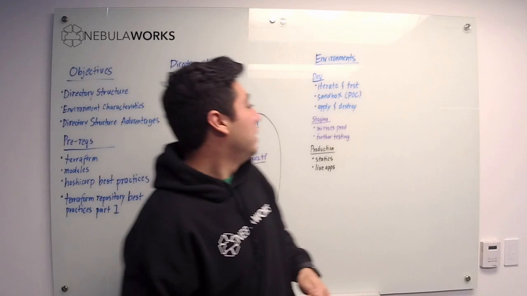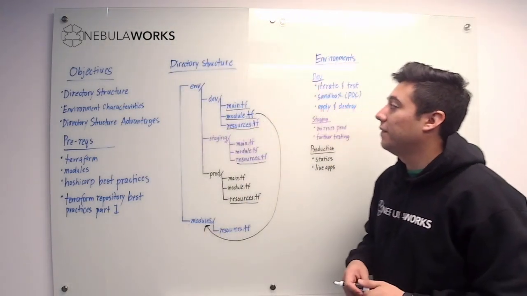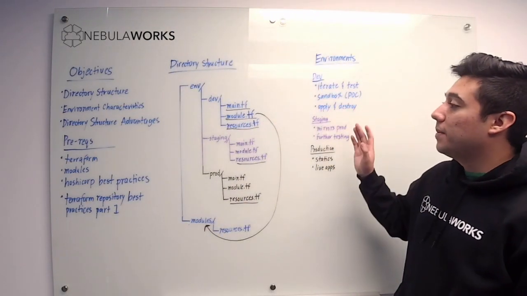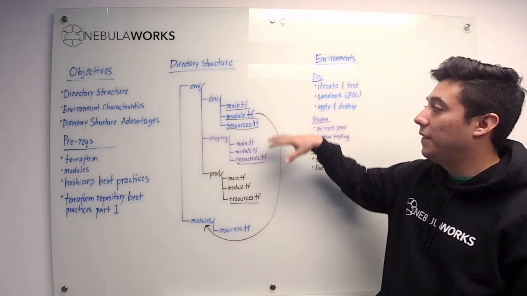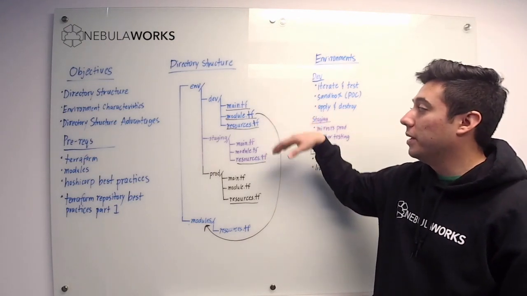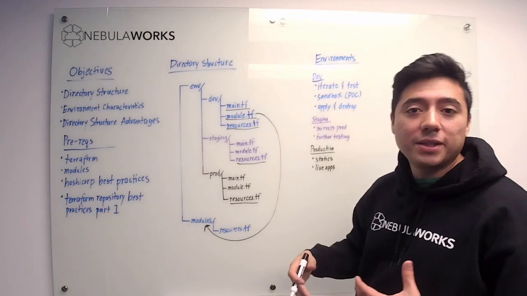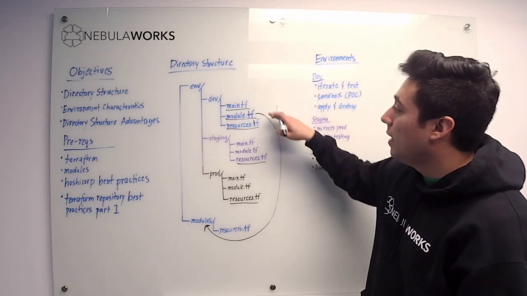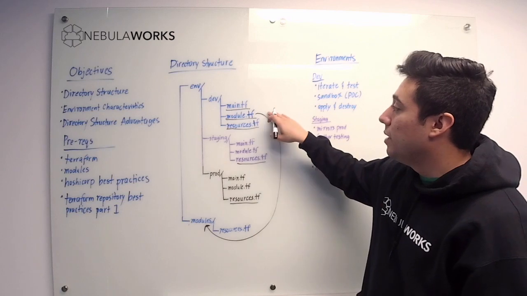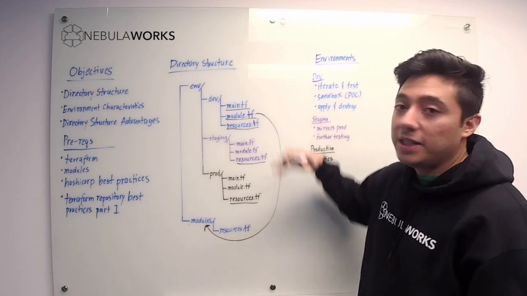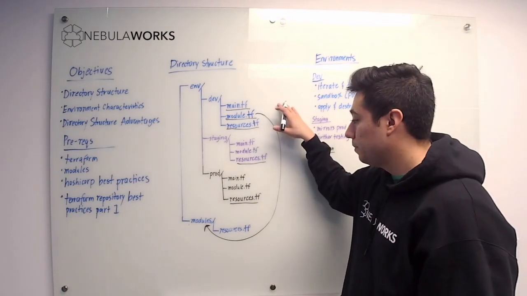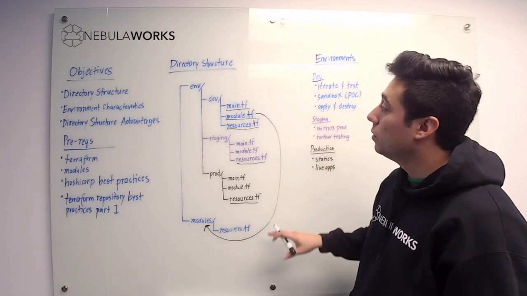Cool. So now that we've gone over the various environments, we're going to be talking about how those environments affect our directories or the way we leverage the modules. Since dev is ever changing and always has the latest and greatest, the modules that we reference in our module.tf file will be local.